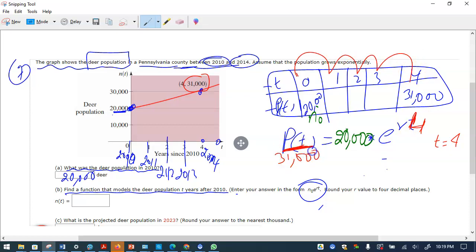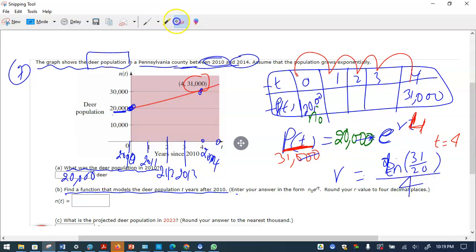So you can do it directly with the shortcut formula that I gave: r is ln of 31 divided by 20, because the 1,000 will go away, and then divide by 4 and you get the answer.